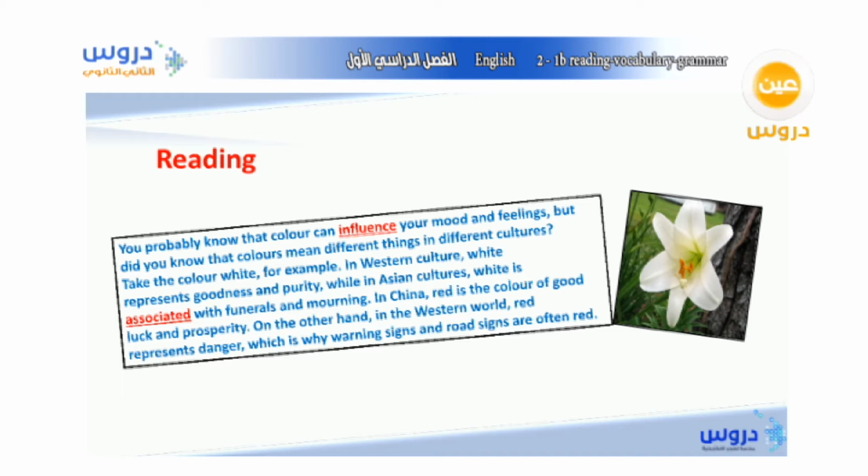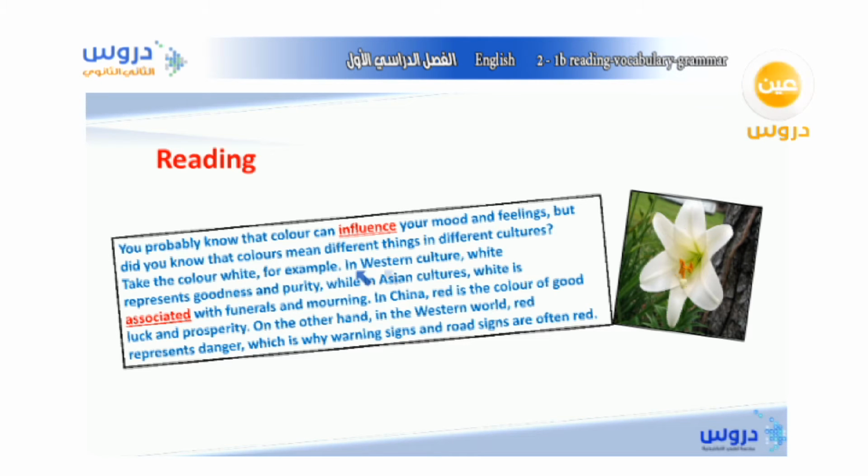So I'm going to read for you, and we're going to find out how colors have different meanings in different countries. If you can follow me. You probably know that color can influence or affect your mood and feelings, but did you know that colors mean different things in different cultures?